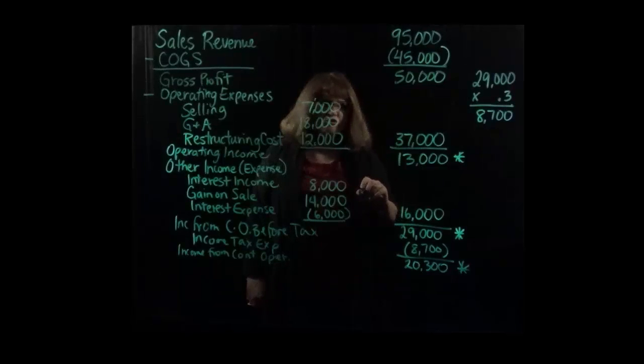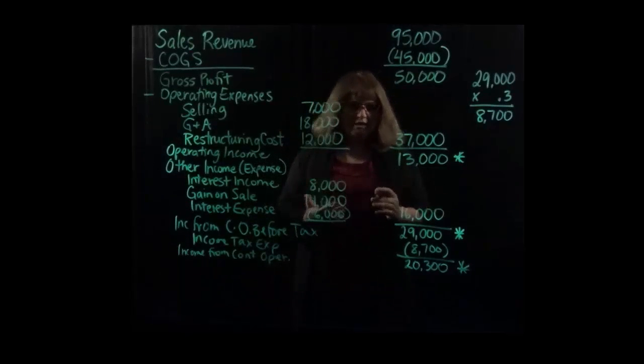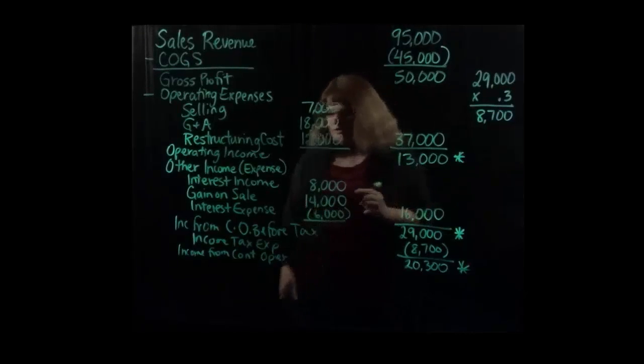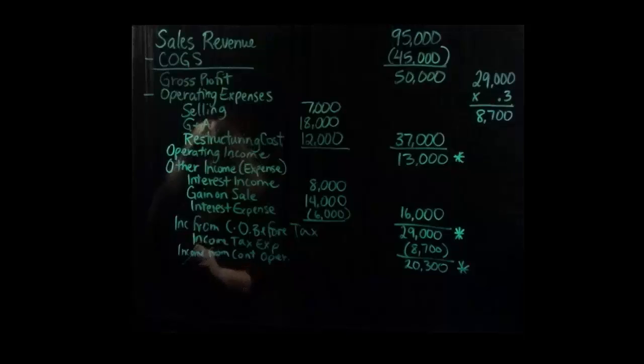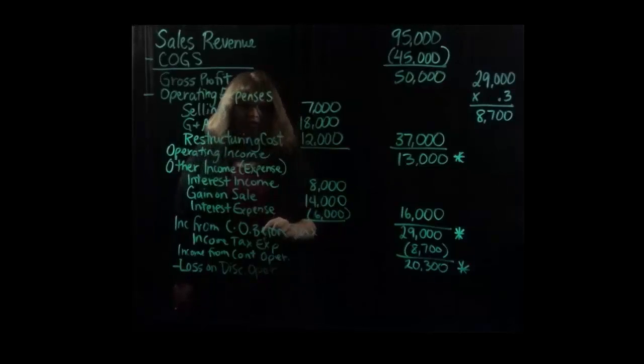From that, we then need to consider any discontinued operations. And in this company, it said that we had a loss from discontinued operation. So that's going to be subtracted. However, what we're going to do is we're going to net any tax benefit that we get from the loss against the loss itself.